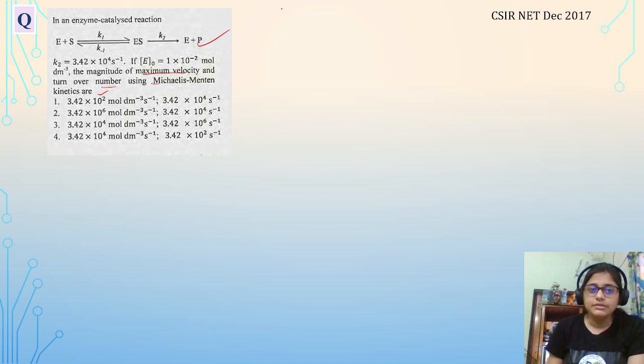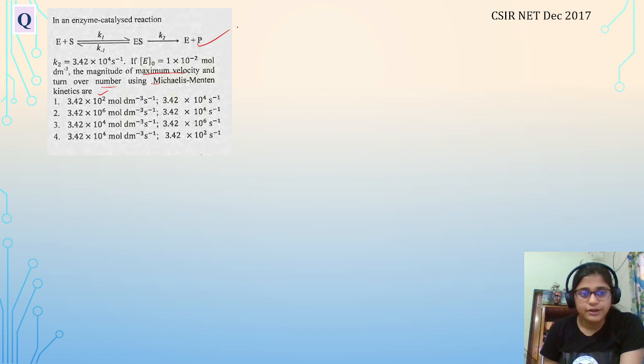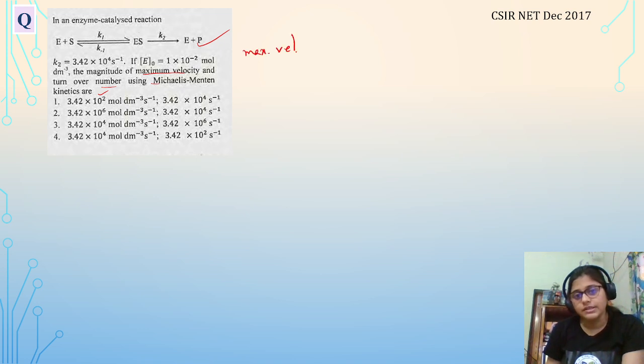Okay. Now, no plot is given here. Just from the equation or the derivation, which we got actually for the Rmax expression, from that only we can have the answer. So K2 is given, E0 is given, and we need the magnitude of maximum velocity. We have compared previously that the rate is actually the velocity of the reaction, right? So the maximum velocity means the R max, obviously the maximum rate.